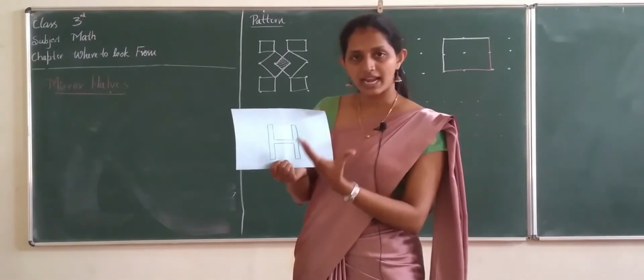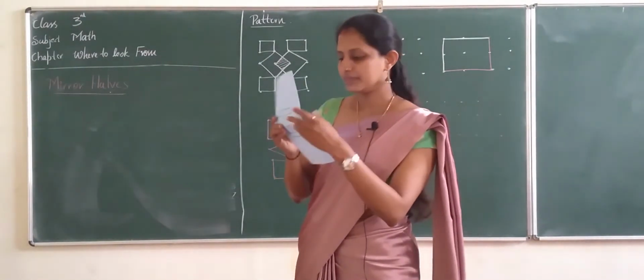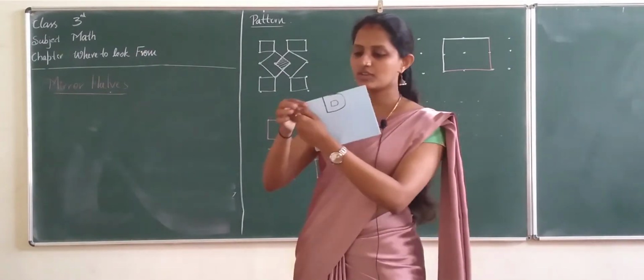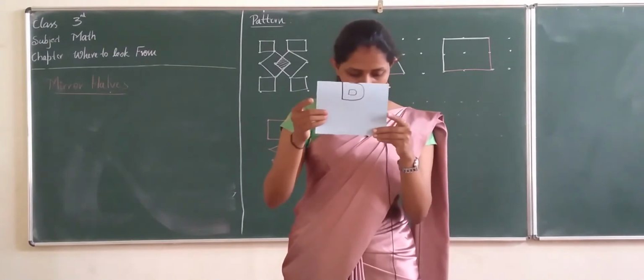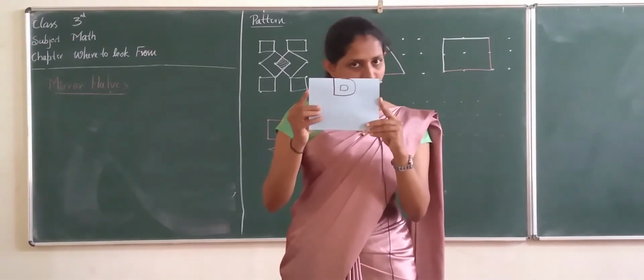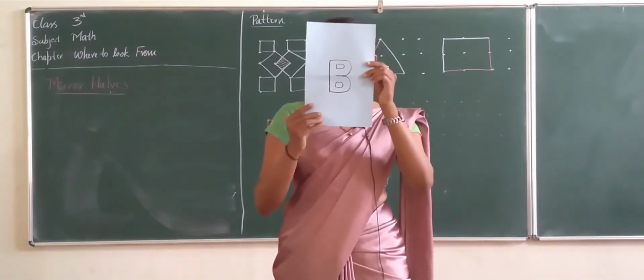Or a letter, when looking at half of it. Correct? Now, can you guess this letter? Yes, this one is a B.